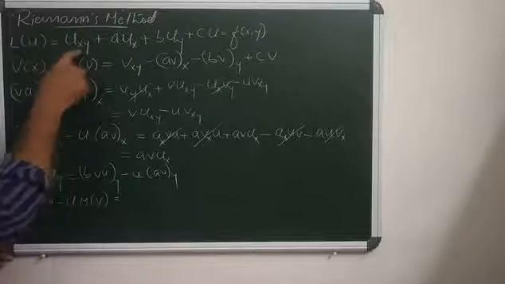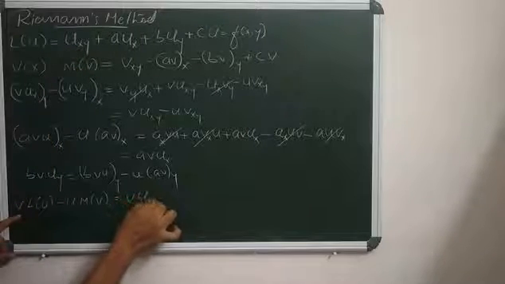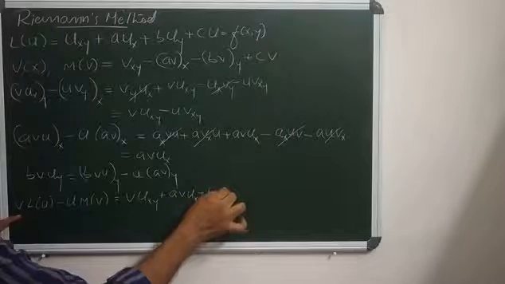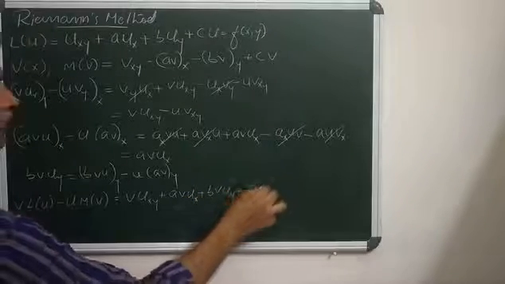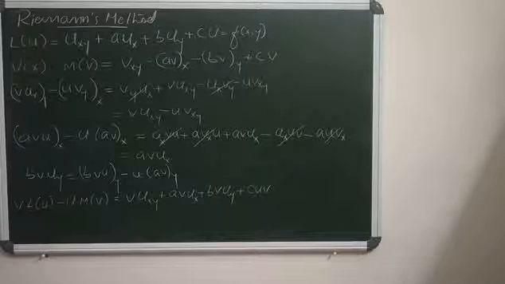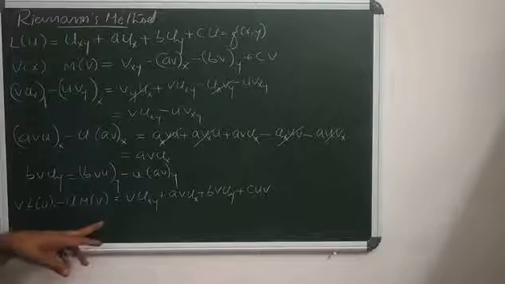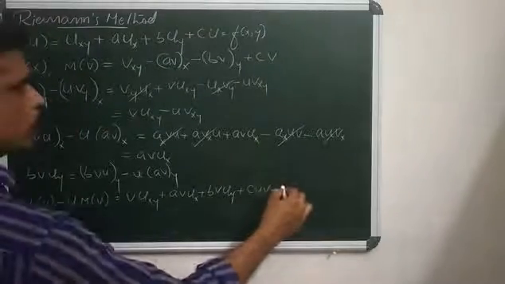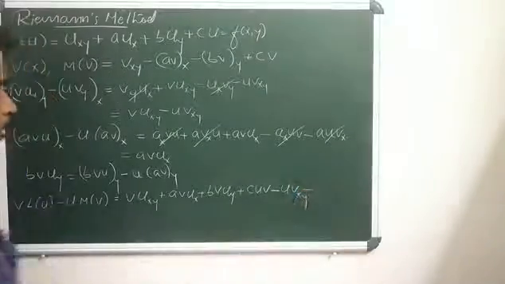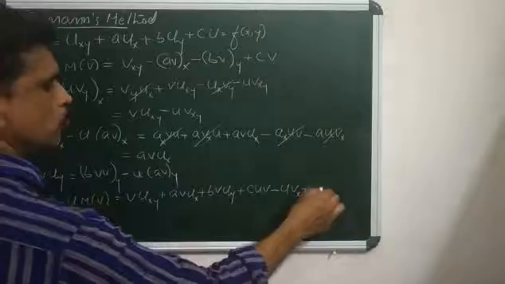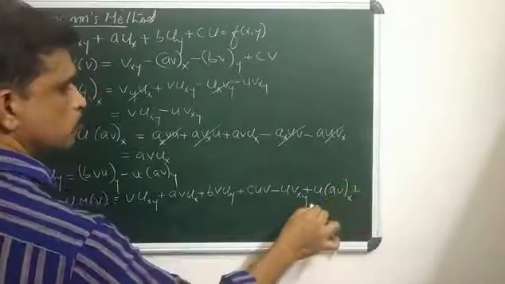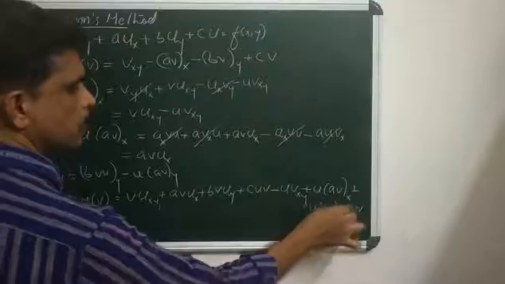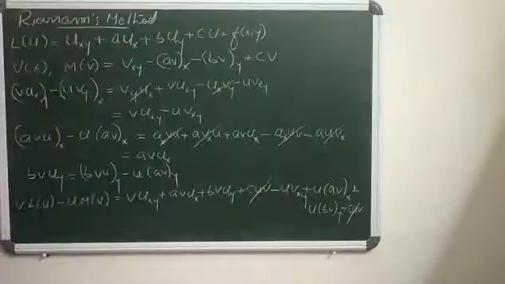What is v L(u)? It is v u_xy plus a v u_x plus b v u_y plus c u v. Then minus u M(v), and u M(v) is u v_xy minus u (a v)_x minus u (b v)_y plus c u v. So minus c u v and plus c u v cancel each other.